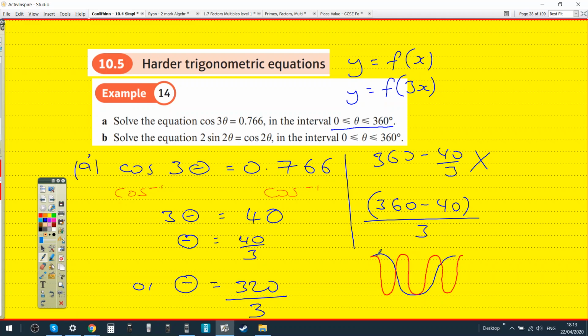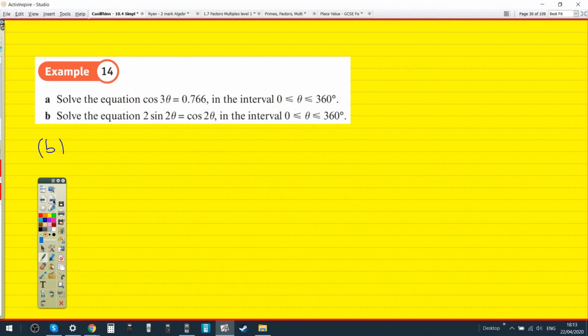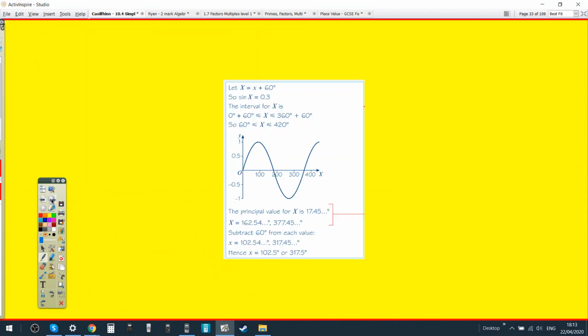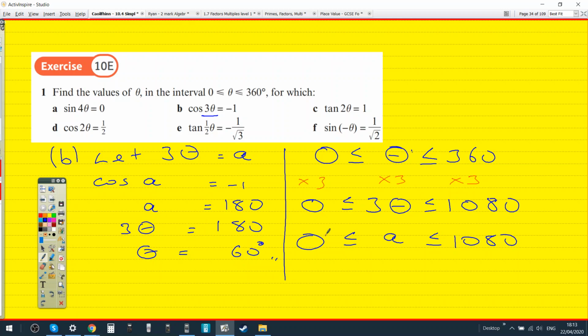We actually should get triple the number of solutions because we've squashed it down. And so a can be between 0 and 1080. We said it was 180 for both of those solutions. How can we get additional solutions? Times by 3.